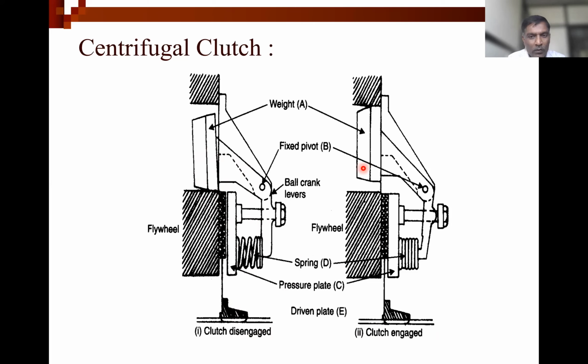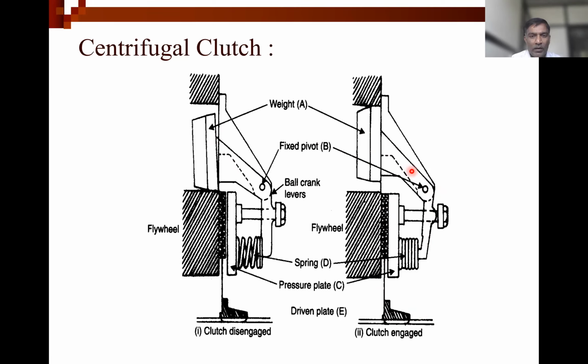And here what you are observing, this is weight A, it flew in the outward direction because of centrifugal force, and it will apply external force on this friction plate or the clutch plate. Now whatever rotation of the flywheel is given to this friction plate, and this shaft is going to be rotated.